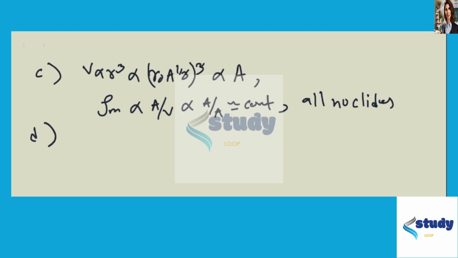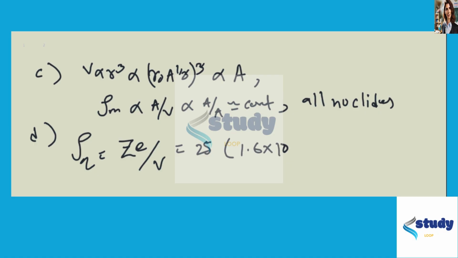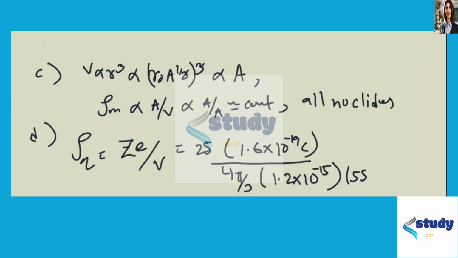Part D, in this step we find the charge density. Charge density will be ρq. This is the total charge divided by the volume. The total charge is plus Z, 25 here, Z times the charge on each particle, which is 1.6 times 10 to the power minus 19 coulomb, divided by the volume 4π over 3 times 1.2 times 10 to the power minus 15 meters times 55 to the power 1 over 3 whole cubed.